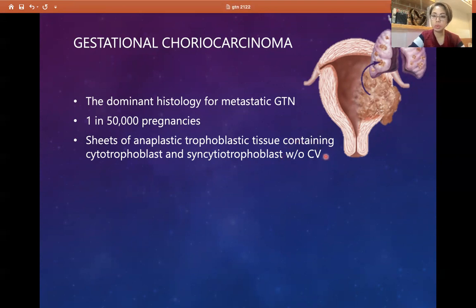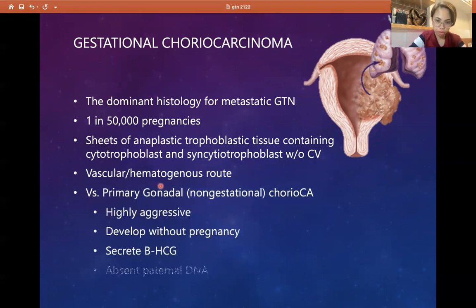In comparison to invasive mole, apart from the trophoblast, there is presence of chorionic villi, but with gestational choriocarcinoma, there is no chorionic villi. There is a very fast spread because of the vascular or hematogenous route in gestational choriocarcinoma.